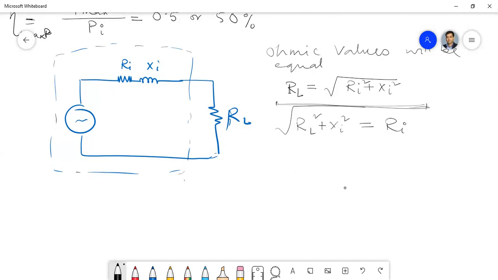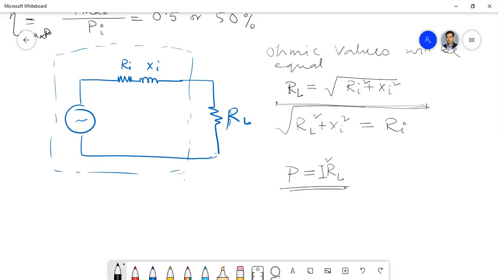Okay, now here also the efficiency is only 50% because the reactance doesn't consume any active power. Whatever power we are taking here, also in case of impedance, is only due to the resistance.